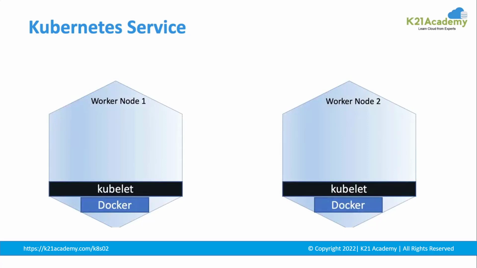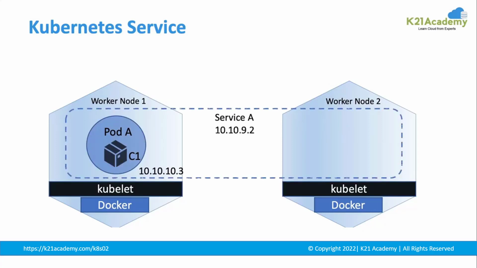Now think that you have two nodes and you want to run a pod which has an IP address and a container running in it. So you will create a service for it. A service is not something which is created like a process, right? It's like an entry. When you create a service entry, that entry is updated in every node in the cluster.